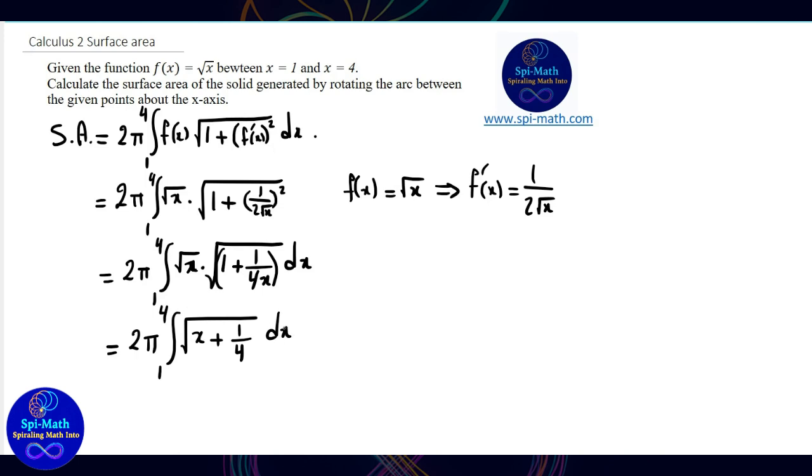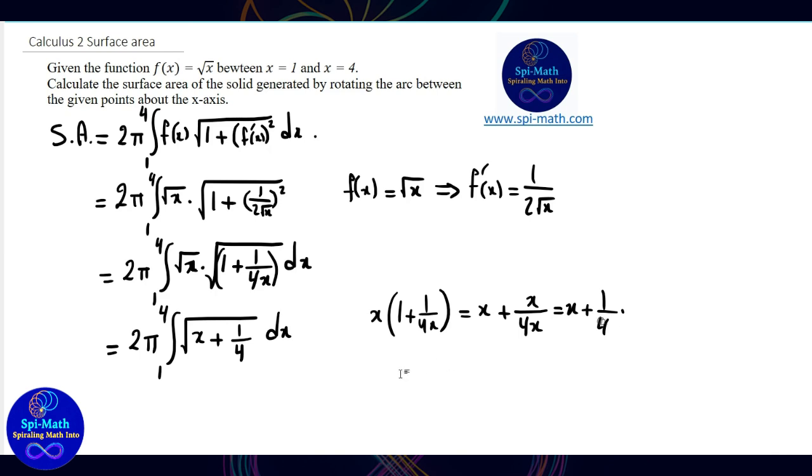How did this happen? I just multiplied x into 1 plus 1 over 4x, which gave x plus x over 4x. Canceling the x's together, this will give x plus 1 over 4.